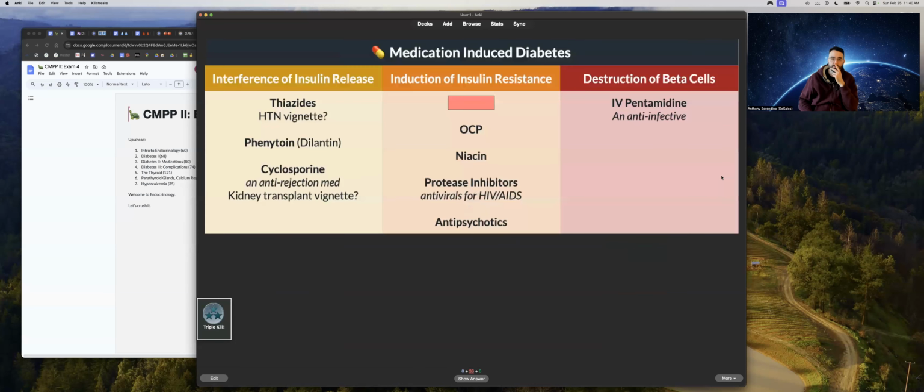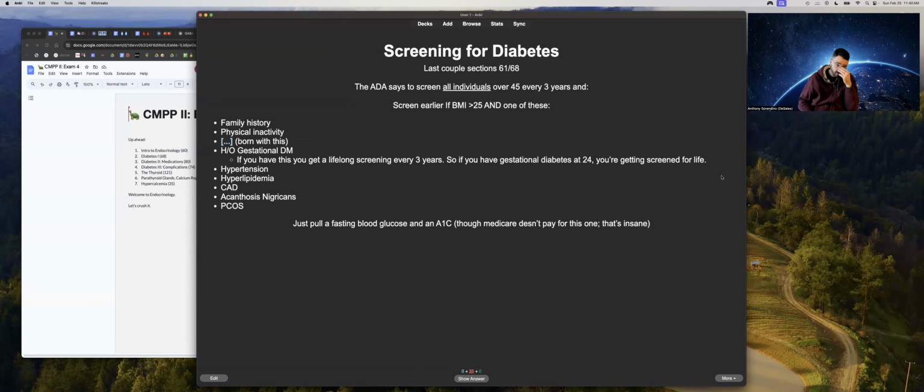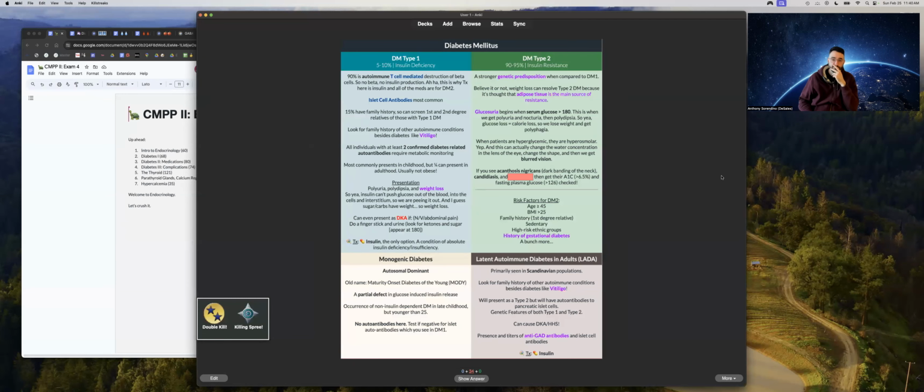Autoantibodies. And SOAP. So what starts with S? Steroids. Ethnicity. That is to screen less than 45 if your BMI is over 25.